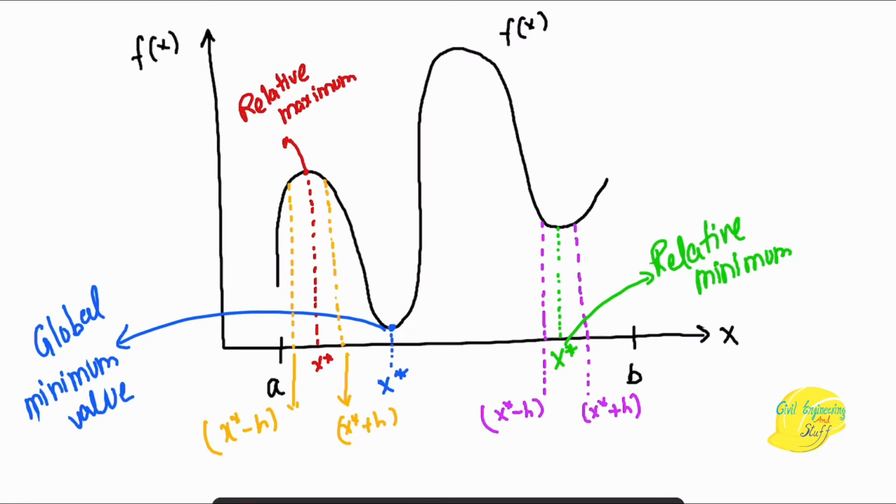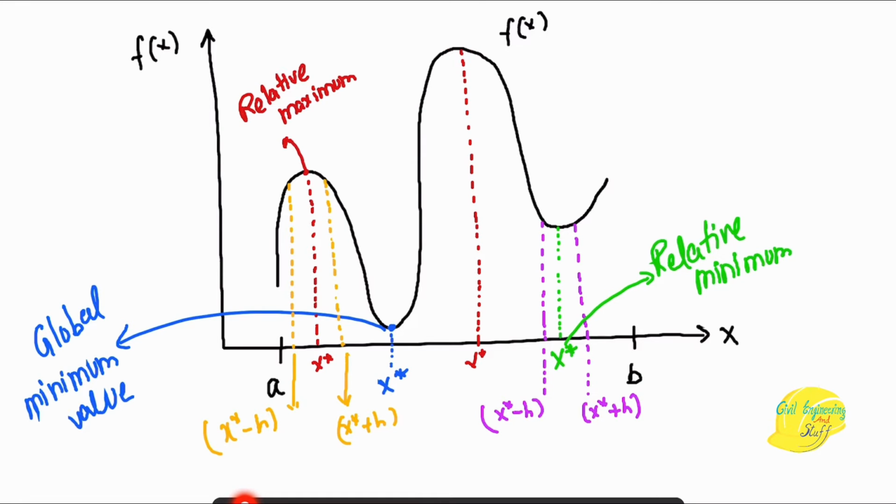On the contrary, if we get the maximum value throughout the function f(x), the peak for the whole function defined over the interval a comma b, whatever value we put, we get the maximum value at this point.